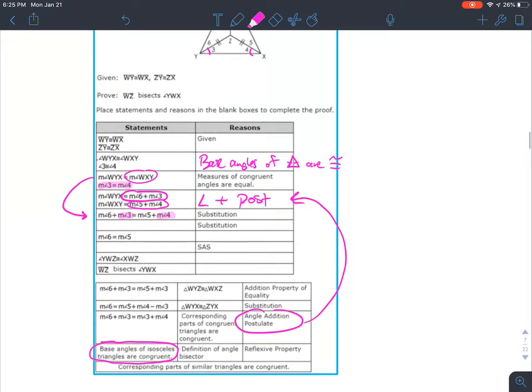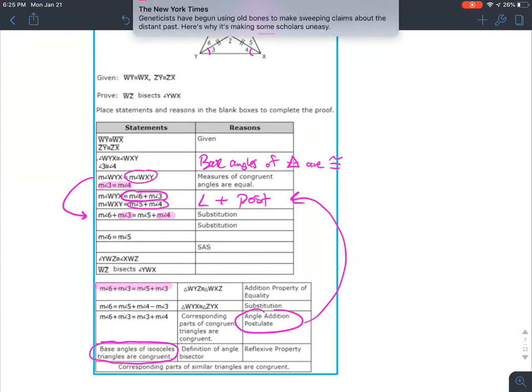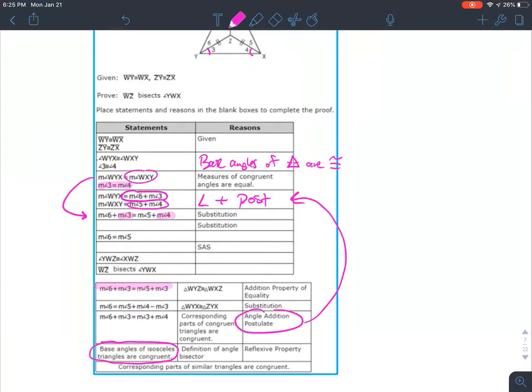So what we could do is replace 3 with 4 or 4 with 3 since they're equal. And here is a step that says that. So this is going to be measure of angle 6 plus measure of angle 3 equals measure of angle 5 plus measure of angle 3. That is this one right here.